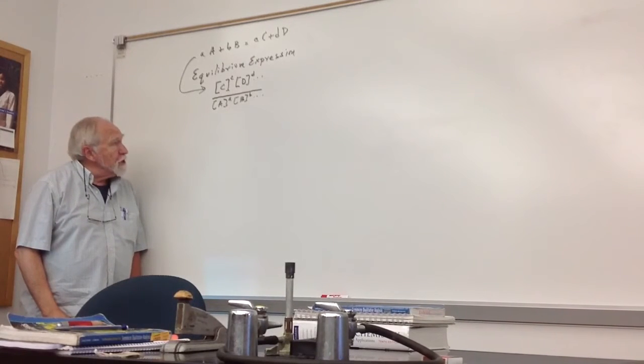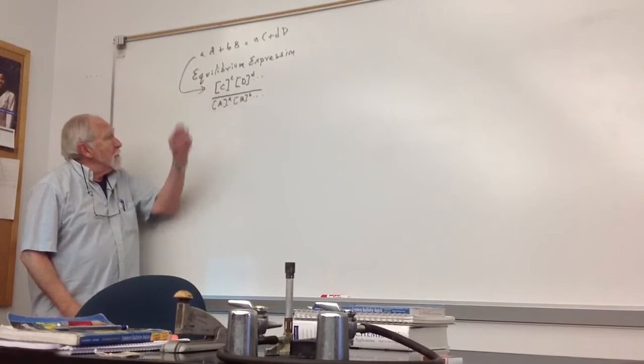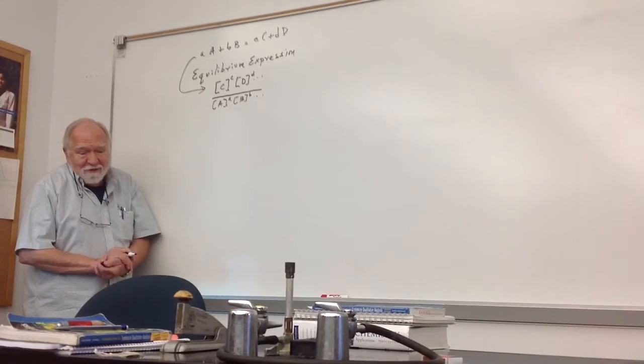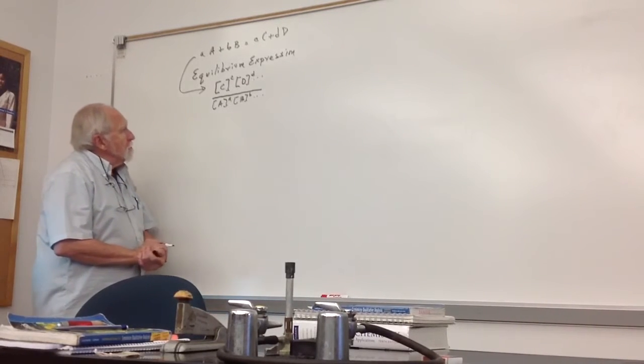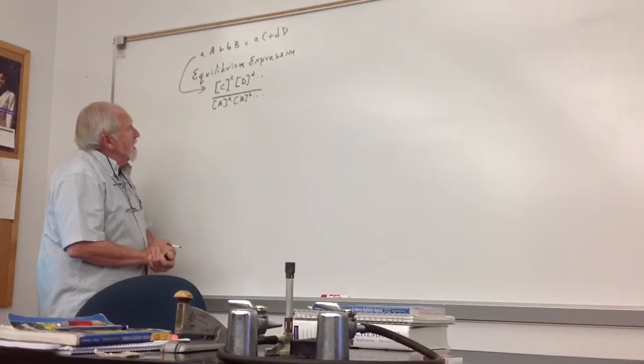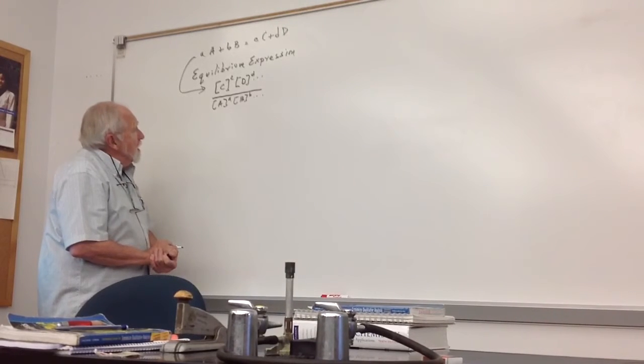And the exponents are the same as the coefficients. This is what we did for elementary reactions also. Okay? So the first part is to write the equilibrium expression, and we use square brackets for concentrations.